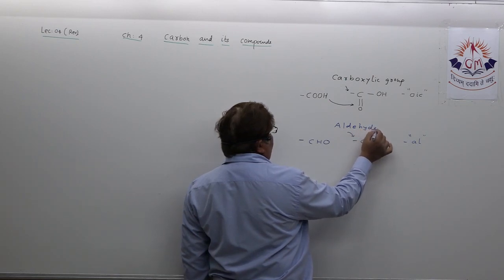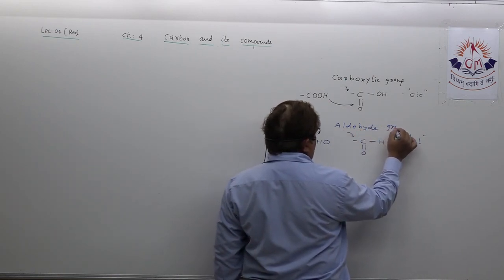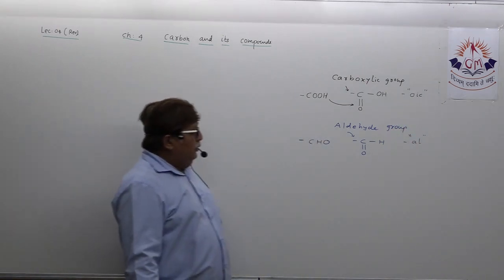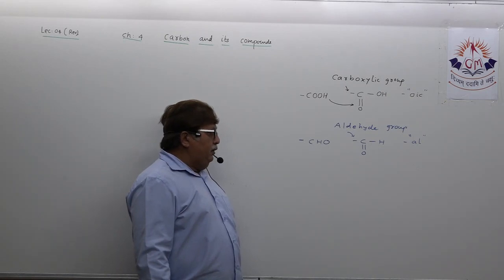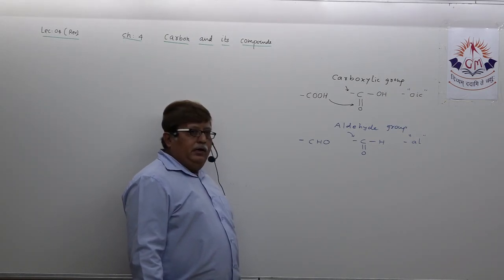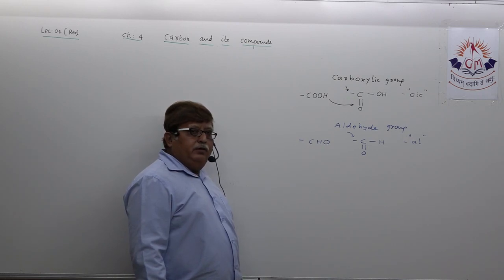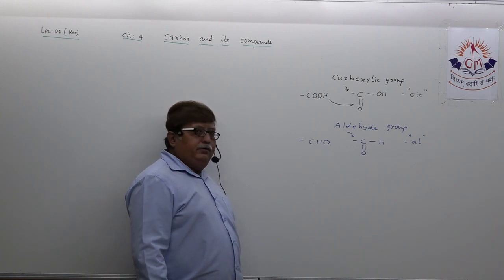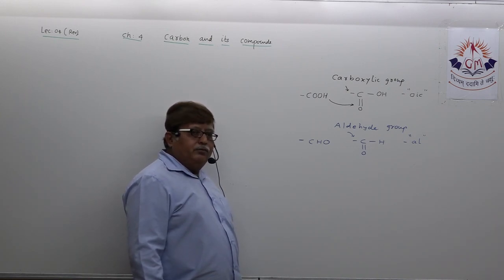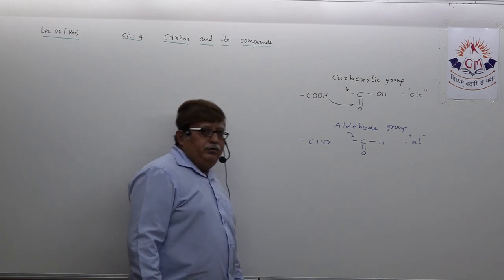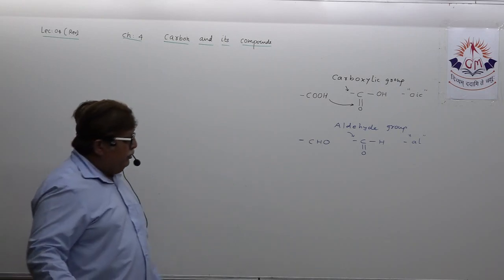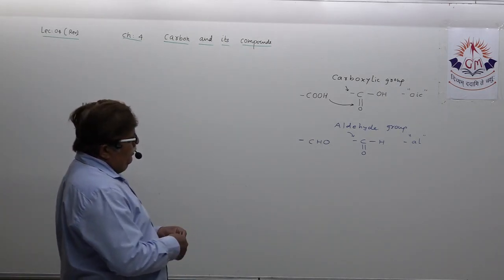So, dear student, it happens sometimes in a test or in an exam that they will ask you about the aldehyde group. If they ask you to mention the molecular formula of the aldehyde group, it is CHO. But if you want to show it in the format of the structure, then it looks like this.